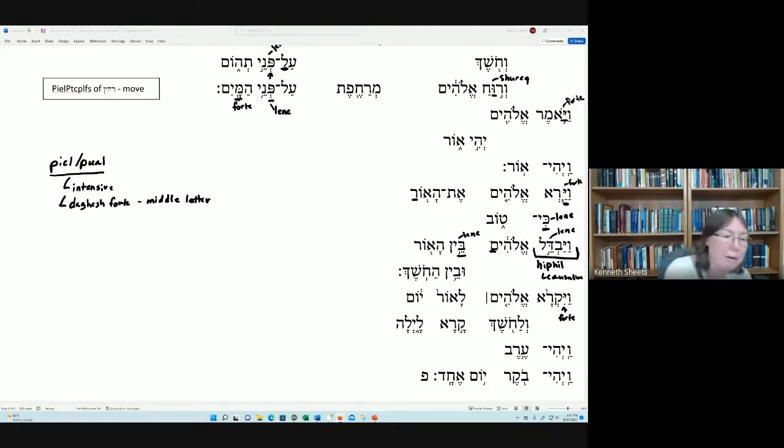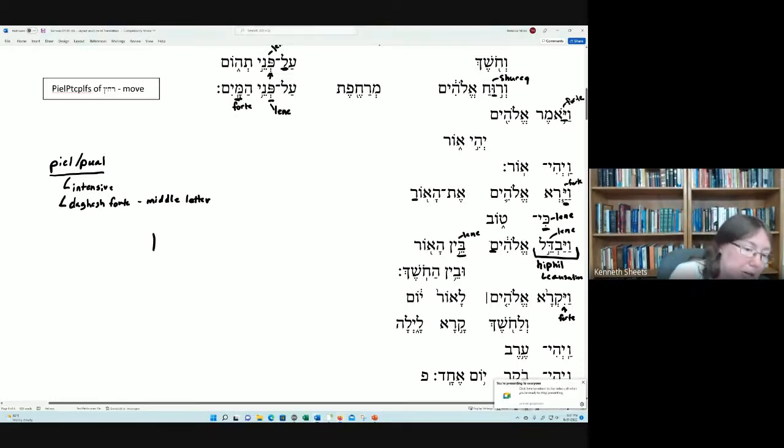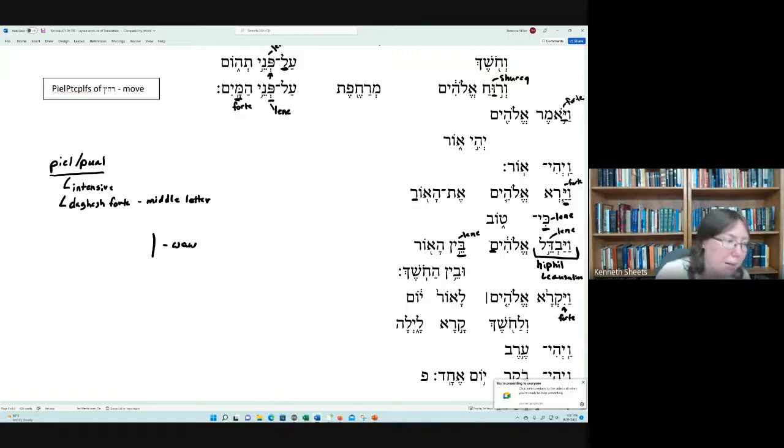One of the primary ones is the pronunciation of this particular letter here. This is the wow, but in modern Hebrew, due to the influence of Yiddish, which was influenced by German, they do not pronounce this as a w, they pronounce it v, and thus they pronounce its name vav. And so I would not go there.